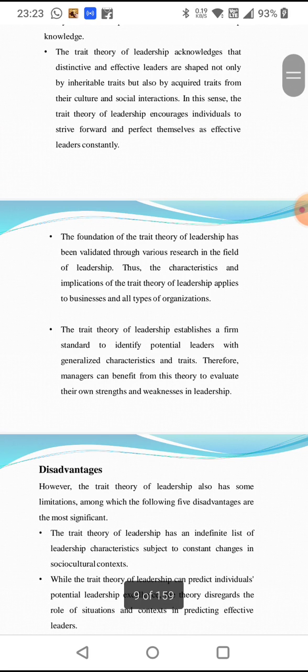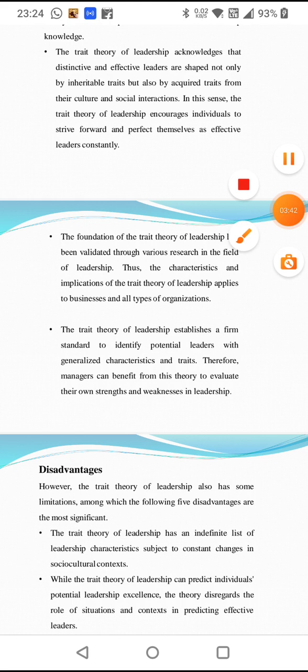The foundation of the trait theory of leadership has been validated through various research in the field of leadership. Thus the characteristics and implications of the theory apply to businesses and all types of organizations. It establishes a firm standard to identify potential leaders with generalized characteristics and traits. Therefore, managers can benefit from this theory to evaluate their own strengths and weaknesses in leadership.